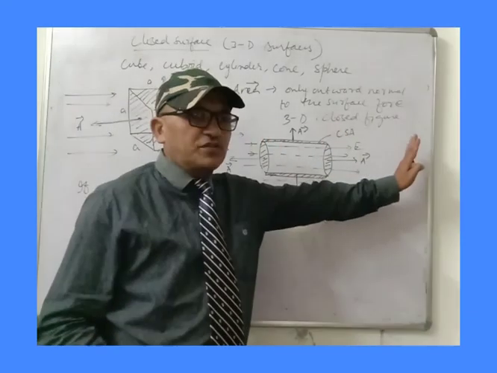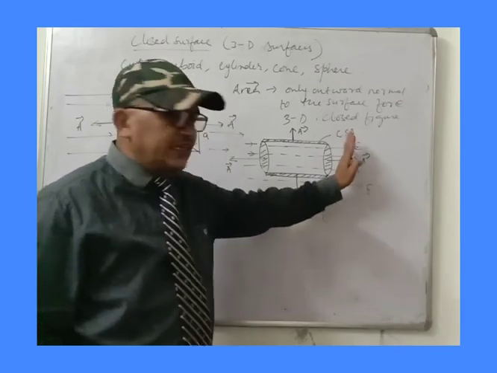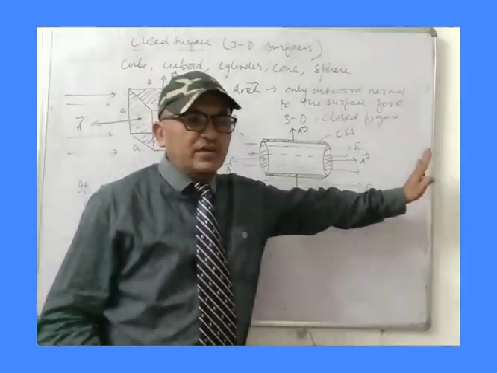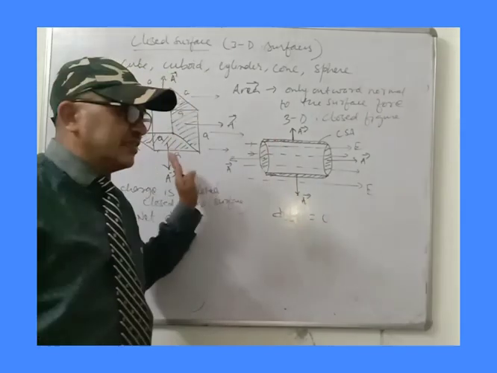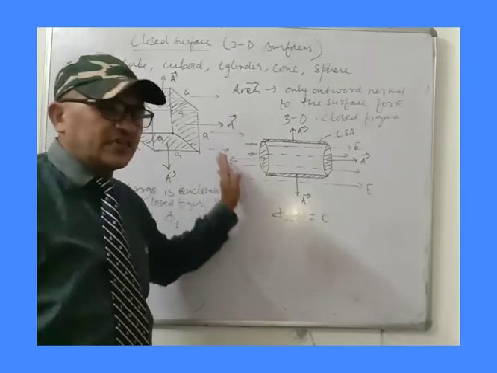Right side flux is positive because the angle is 0 degrees between A and E, so cos 0 is 1, so positive. And this side flux is negative because the angle between A and E is 180 degrees and cos 180 is minus 1.